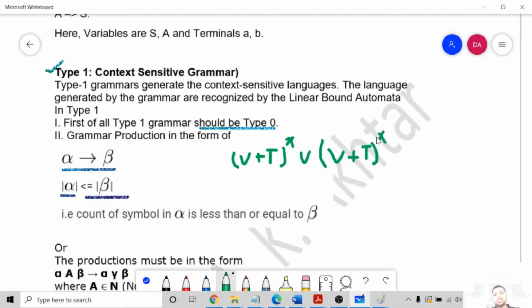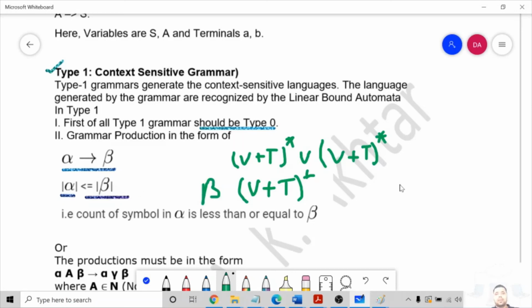This is my alpha, but here beta is different. Beta is (V plus T) positive closure. It means that alpha should be less than or equal to beta.